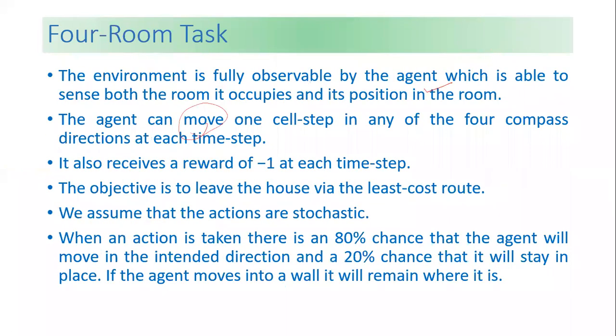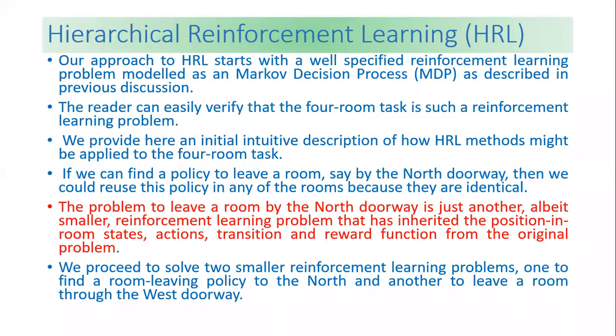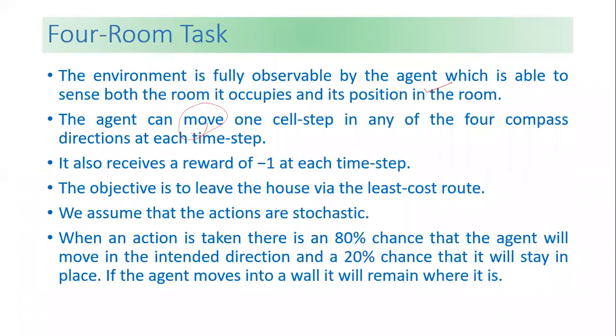Now, what will be going on there? It also receives a reward whenever it takes any step, or if it interacts with the boundary of that particular room, it gets some negative values, minus values. So they have assumed that it receives a reward of -1 at each timestamp.